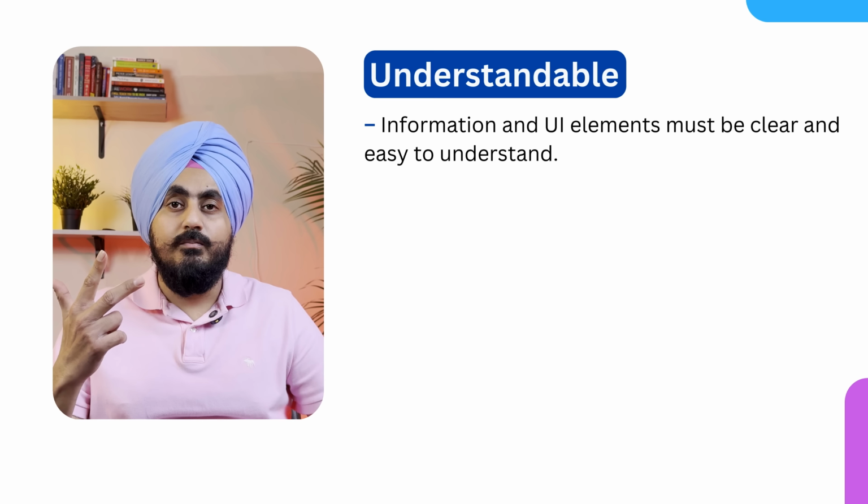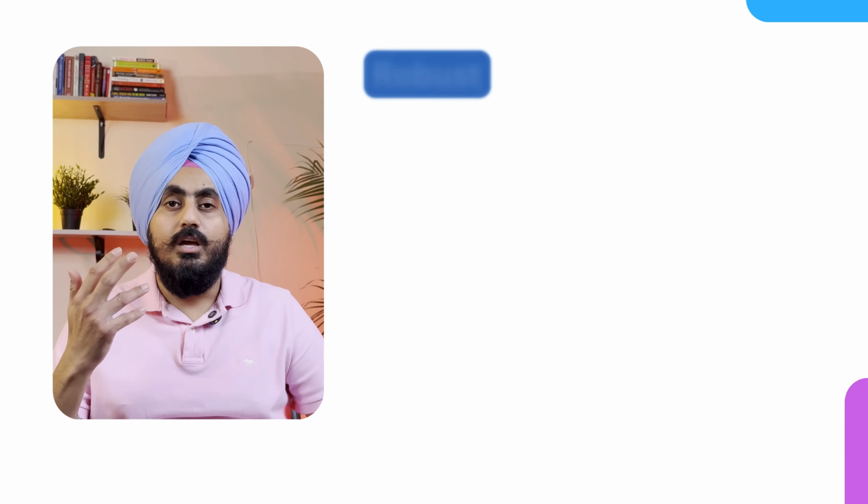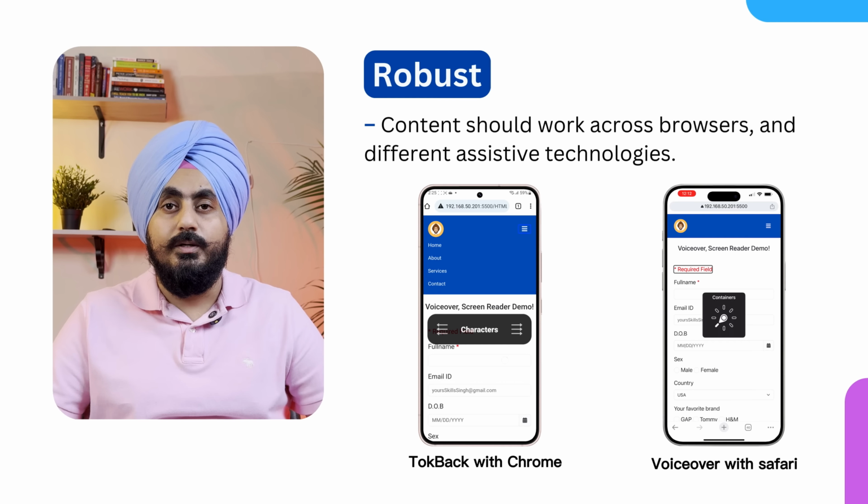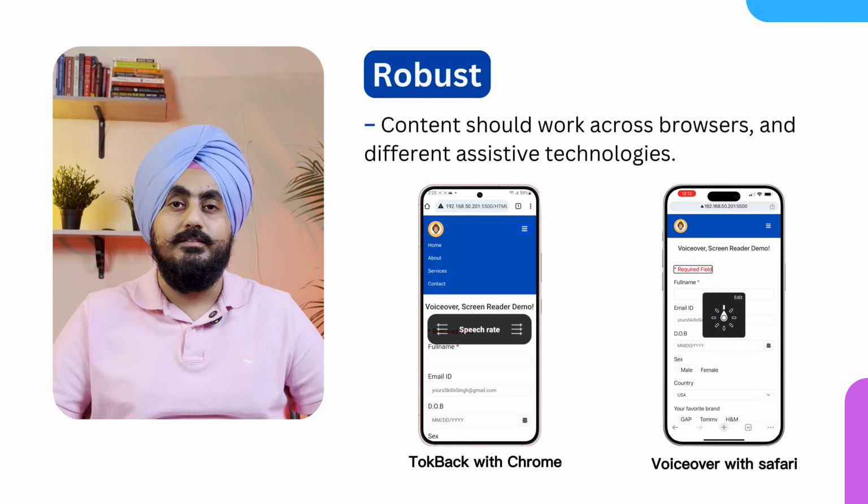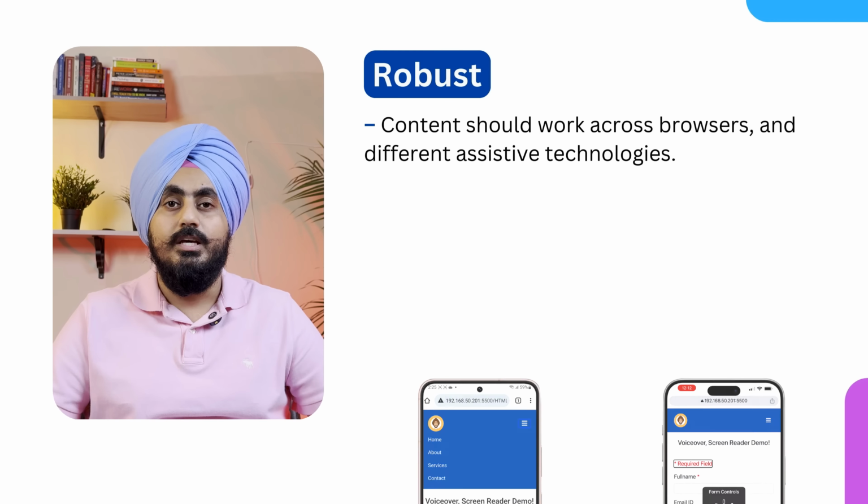Understandable: information and UI elements must be clear and easy to understand. And robust: content should work across browsers and with different assistive technologies. If your website meets WCAG 2.1 AA, that's a big step towards EAA compliance, but it's not enough.